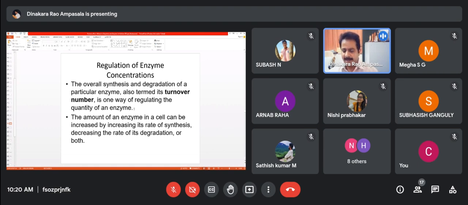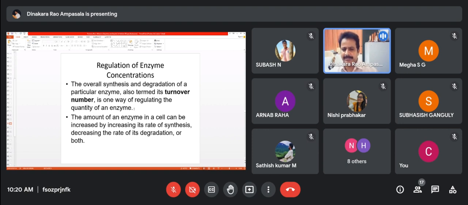For example, alkaline phosphatase, just as an example, I'm not sure of the exact hours, is 9 hours. That means it is synthesized, does its activity, and then degrades by 9 hours. So the turnover time is 9 hours. Catalase may be 16 hours. So catalase will be synthesized, do its activity, and then be taken into degradation by 16 hours.